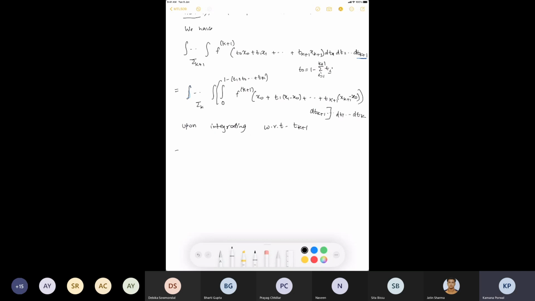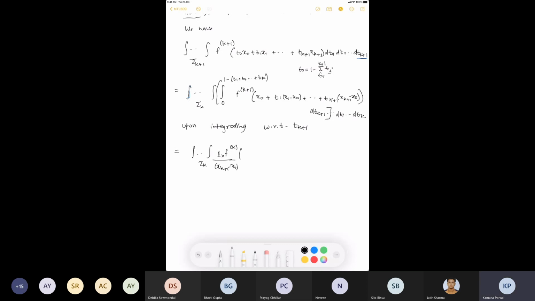So what will happen? I will have the integration over the tau k. So I have the k plus 1th derivative of the f. So it will be reduced to the kth derivative of f. And I'm integrating with respect to the tk plus 1. So I will get the factor as 1 divided by xk plus 1 minus x naught.